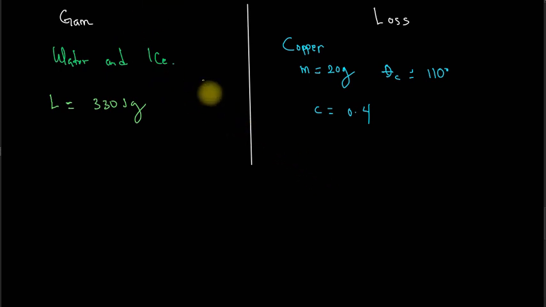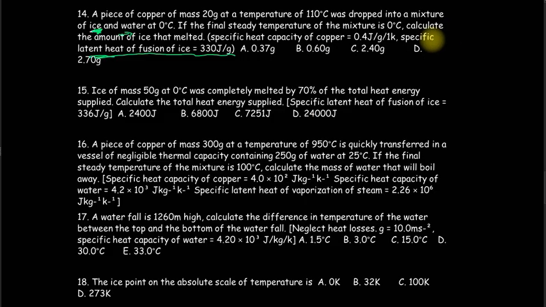And the temperature of ice was what? Whatever you do in this life, do not ever forget to look at what you are asked to calculate. They're asking us to calculate the amount of ice that melted.